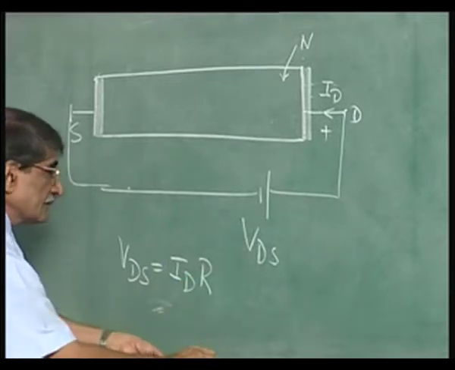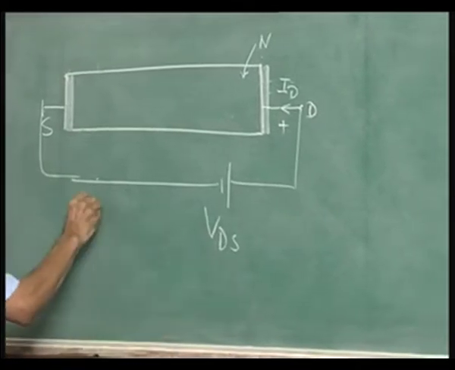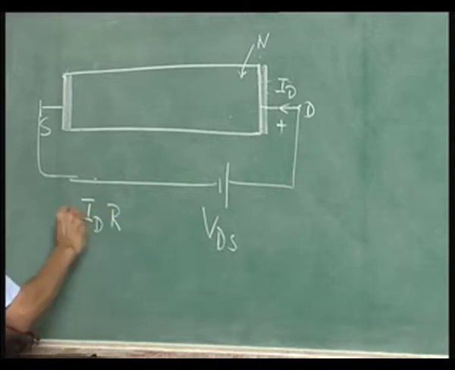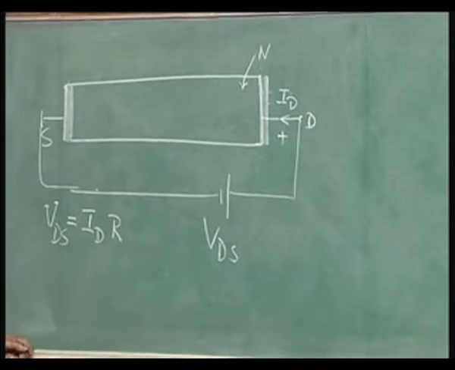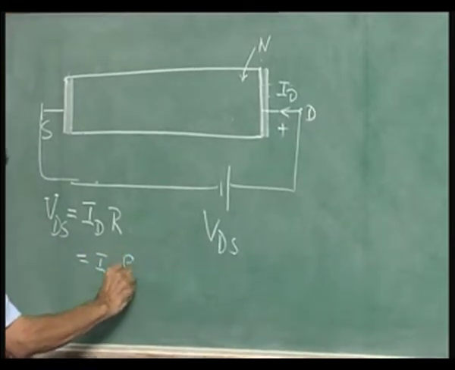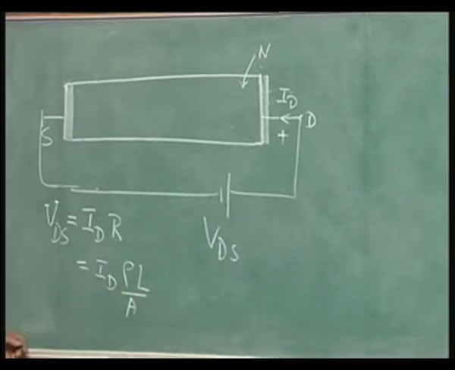I can put it as, just rewrite it over here, ID into R equal to VDS, which is actually equal to ID into rho L divided by area. That is all what we are telling you.